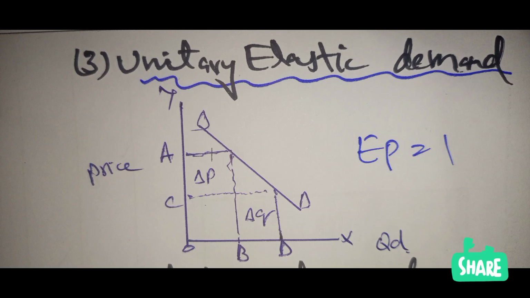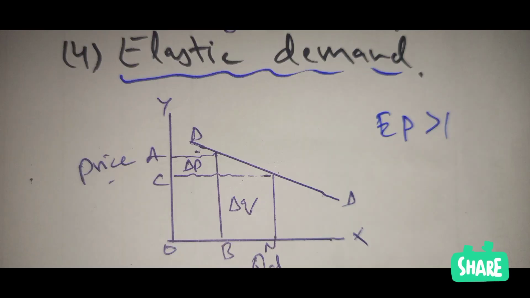ED is equal to percentage delta Q by percentage delta P, which is equal to 1. Here we can see on the graph that we have taken the quantity demanded on the x-axis and the price on the y-axis.